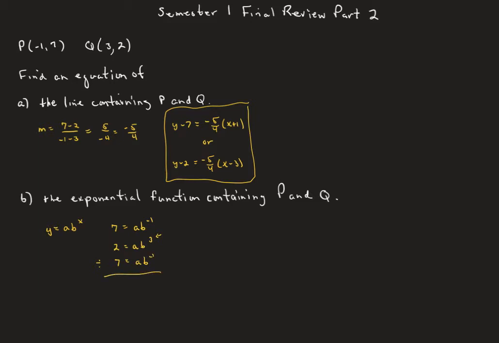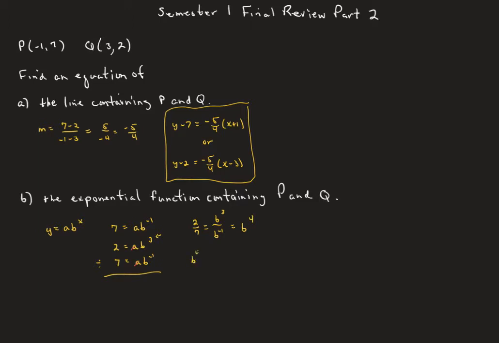Now, when we divide, the a's will divide out. That's the good news. We're going to get 2 sevenths on the left side of the equal sign. When we divide the b to the third by the b to the -1, we're going to subtract exponents, and 3 minus -1 is going to be 4.